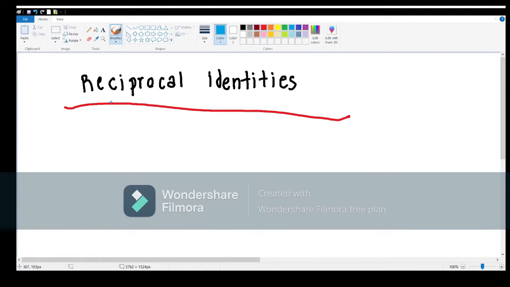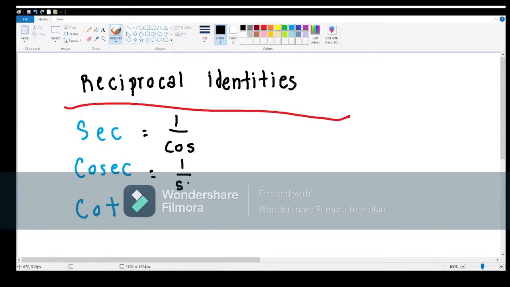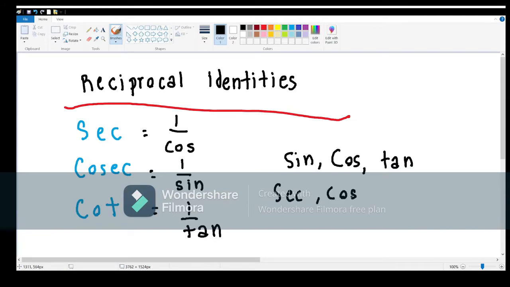We have sec, cosec, and cot, where sec is the reciprocal of cos, which makes it 1 over cos, and cosec is the reciprocal of sine, which makes it 1 over sine, and cot is the reciprocal of tan, which makes it 1 over tan.